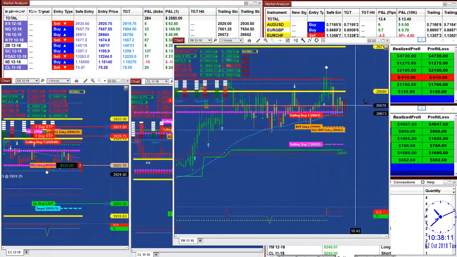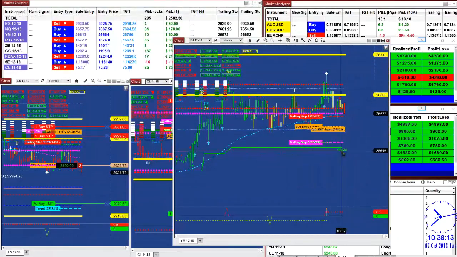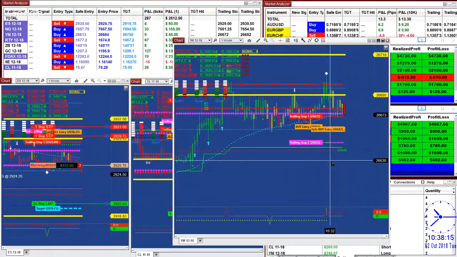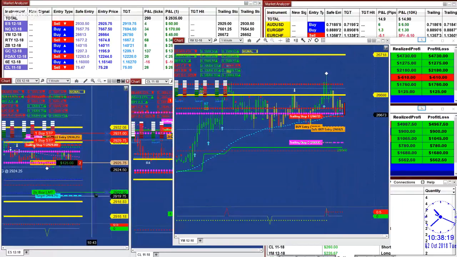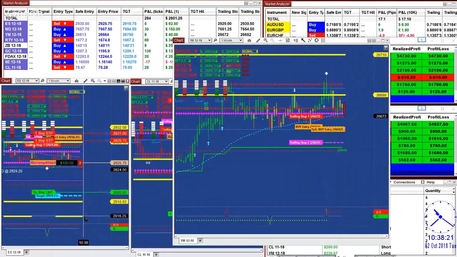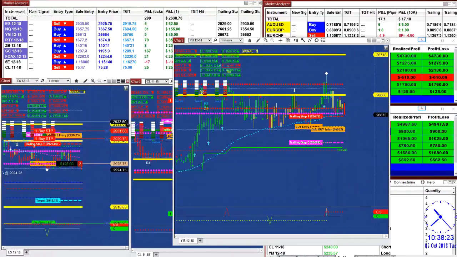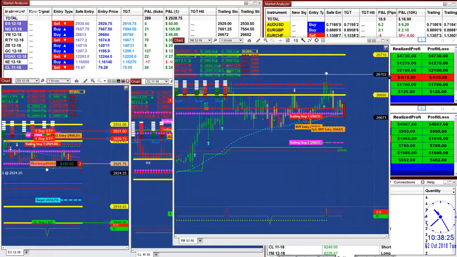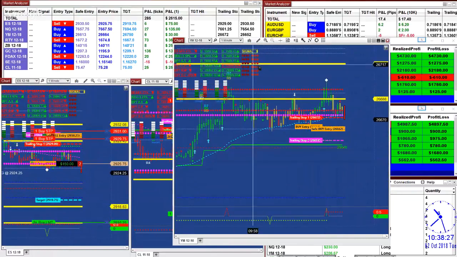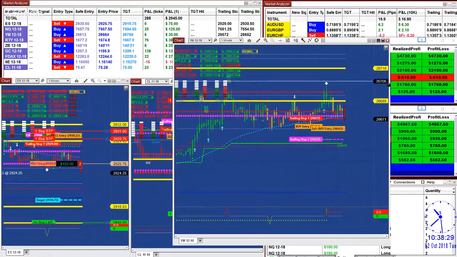There we go. Let's see if this YM breaks this area here, you have a lot of ticks coming on the ES, that's for sure. I'm going to bring it all the way down here, and okay, look, the sellers start coming in, and the YM starts giving up.